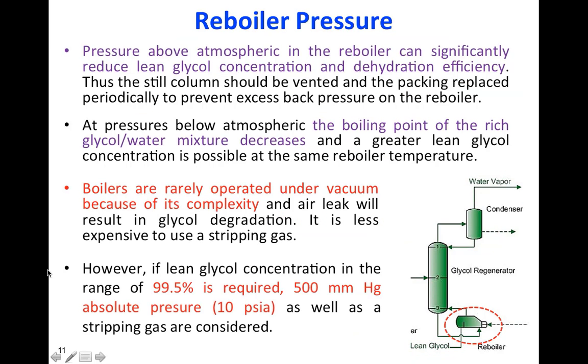Then we have reboiler pressure, which can also have some effect. Pressure above atmospheric can significantly reduce lean glycol concentration and dehydration efficiency. So this makes sense.